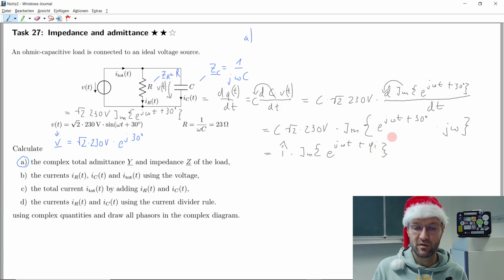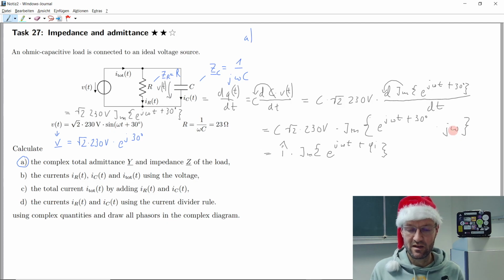Yeah, and for the voltage I can rearrange this a little bit. This j omega we will leave inside this imaginary part, but we can move all these terms here because they are just real numbers. We can move them into the imaginary part function, and this is the same that I could also do here.